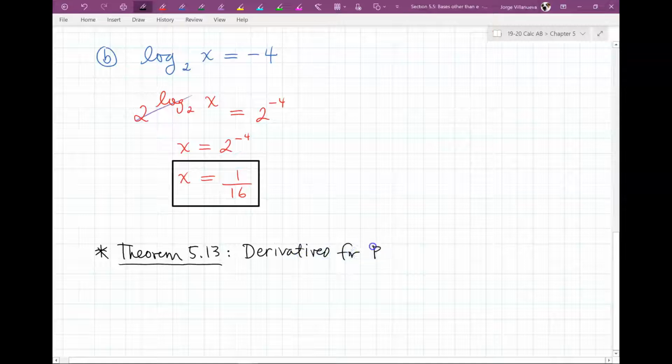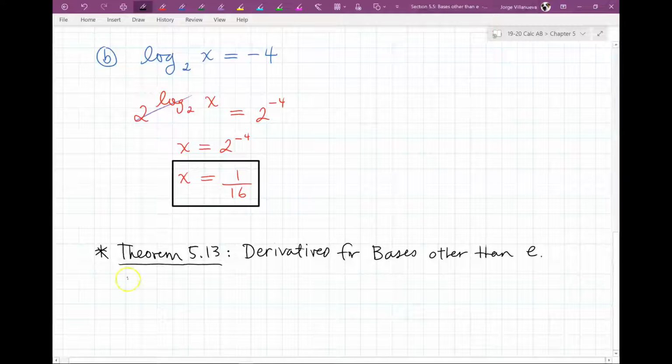The reason they say it is because we already know the derivatives for e to the x, right? We know how to handle that. If it's e to the 3x, then you take the derivative of 3x first, and then just write e to the 3x, right? That's the process for a base e. But if it's not a base e, then how do you do it?